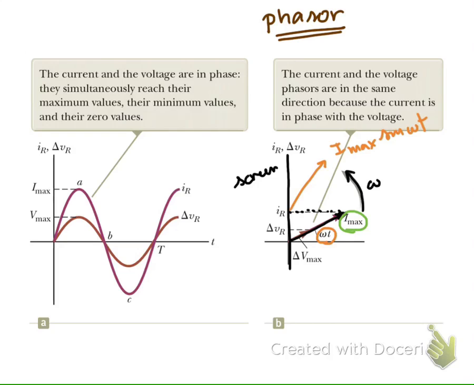So if you look at the projection on the y axis, this becomes the sine function, right?